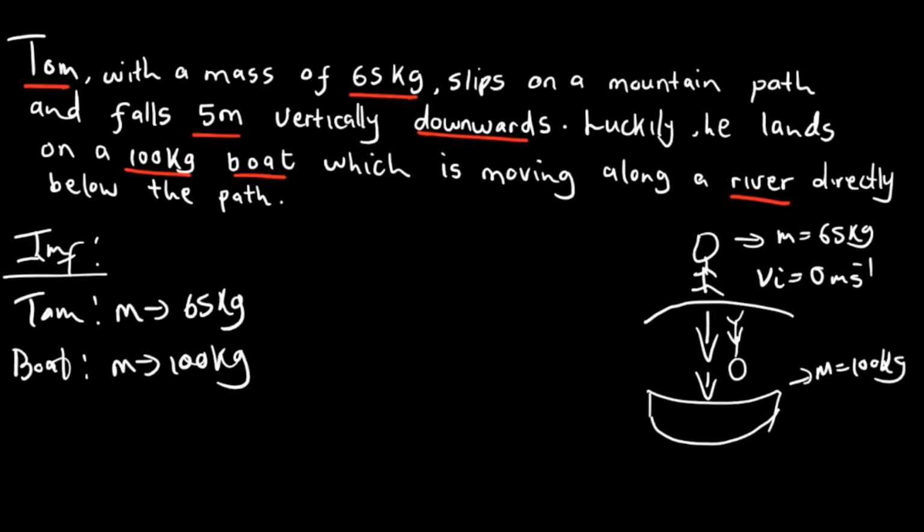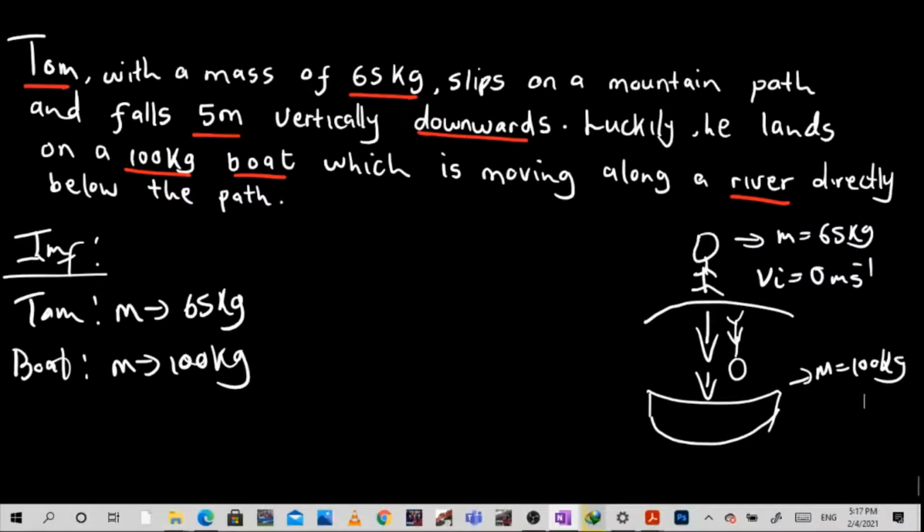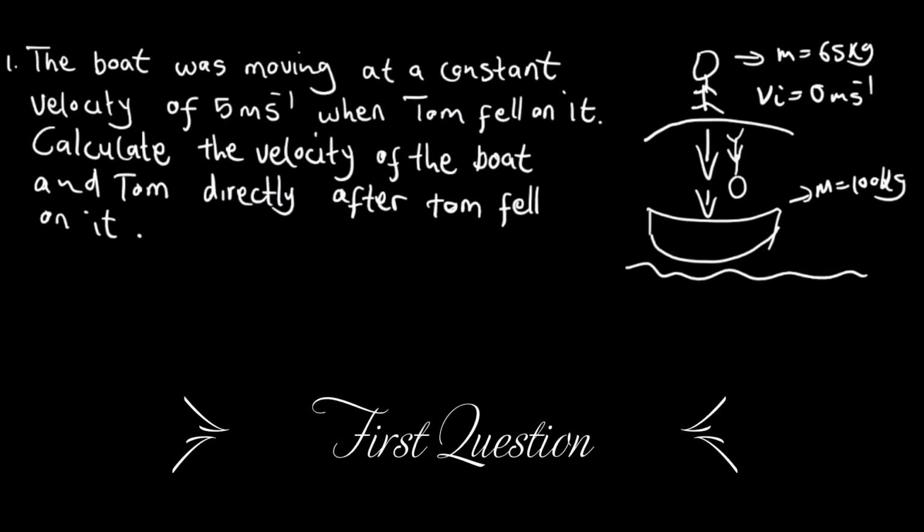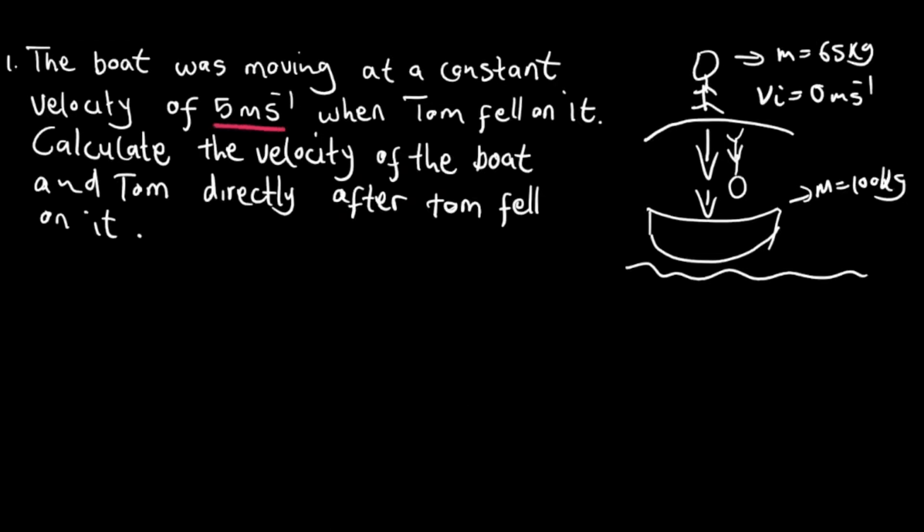So it's very important that we note this down so that we are able to answer the questions that follow. The question says that the boat was moving at a constant velocity of 5 meters per second when Tom fell on it. So this is very important, meaning that its velocity was equal to 5 meters per second.